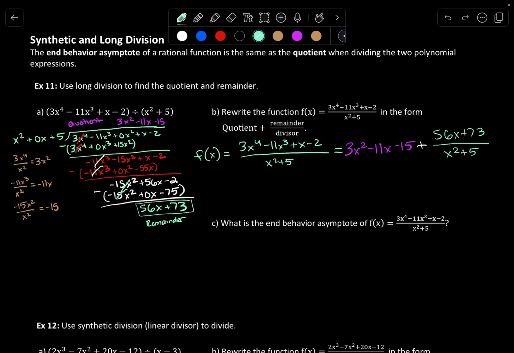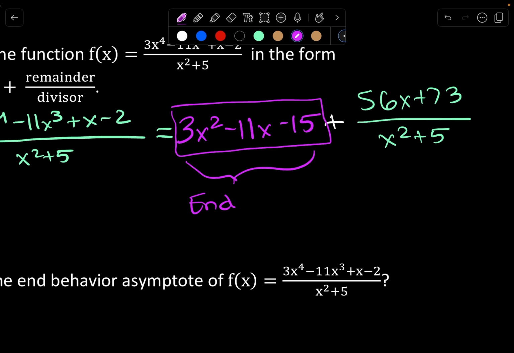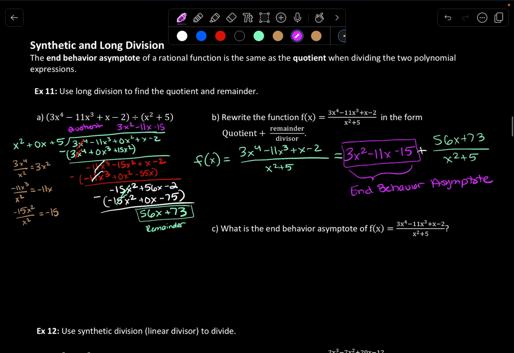All right, so what we want to pull from here is that our quotient, which is 3x squared minus 11x minus 15, is going to be your end behavior asymptote. This is what your graph of the original function is going to tend to, all right?